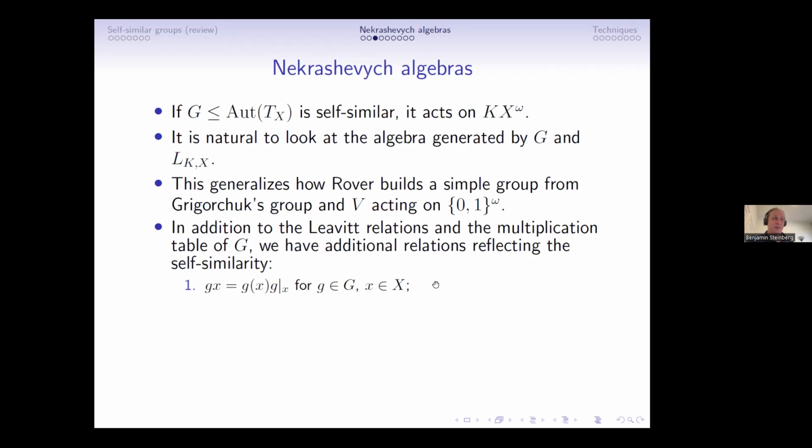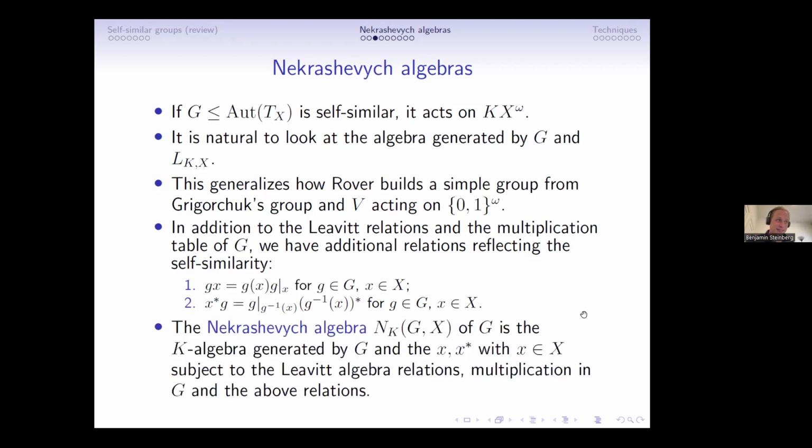G of X times W would be G of X, then G section X on W. And then there's a dual version of this because I'm doing this as a ring instead of a star algebra. But let's ignore that. So the Nekrashevych algebra is just the K-algebra generated by G, the X, and the X star, subject to the Leavitt algebra relations, the multiplication table of G, and the above relations. If you write it as a star algebra, then you can forget about 2 and just do 1. I don't know, when I wrote the slides, I didn't want to do star algebras, but ask me why.